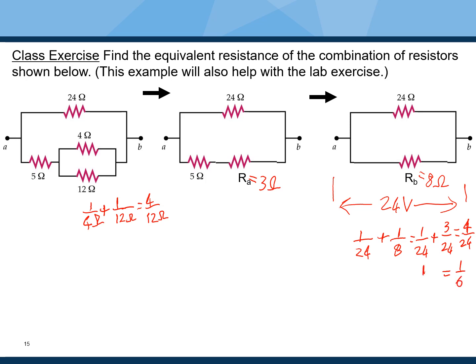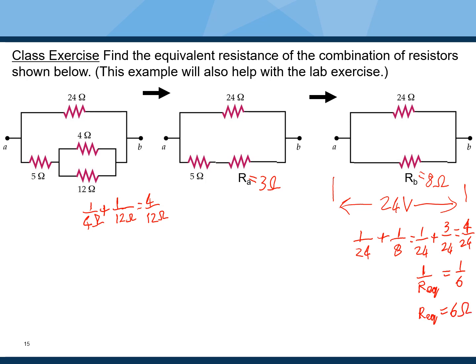So if this is 1/Req for the entire circuit, we say that the 24 ohm resistor and the 8 ohm resistor connected in parallel is just equivalent to an equivalent resistance of 6 ohms.